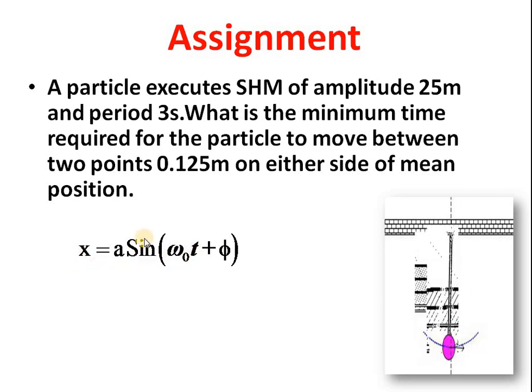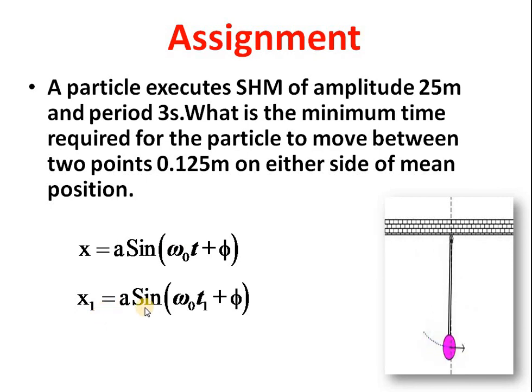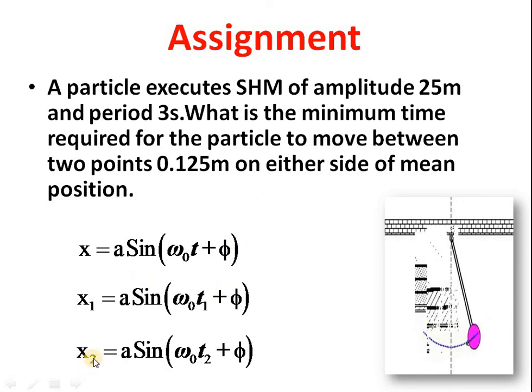And for the first case you can take x1 is equal to a sin(omega 0 t1 plus phi), and place here 0.125. Phi you take as constant. And for the second case, the left hand side, you can take x2 as minus 0.125, with t2, and you can solve these equations to find t2 minus t1.